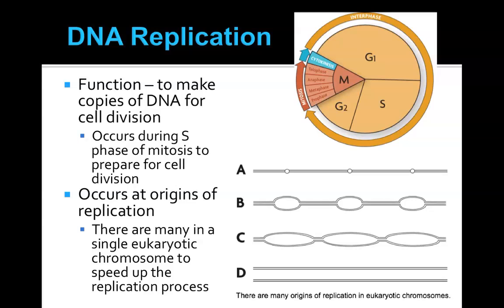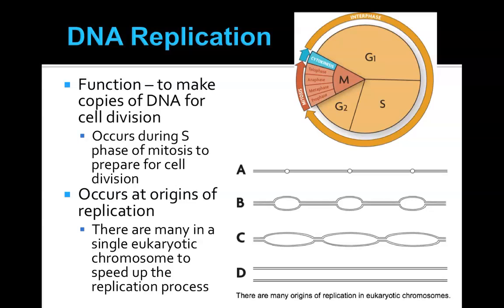Eukaryotic organisms, however, something like us, where we've got 46 chromosomes that we need to duplicate before we can go through mitosis, if we started at one end of a chromosome and went to the other, and then moved on to chromosome 2 and started at one end and went to the other, started at chromosome 3, went to the other end, it would take forever. Okay?